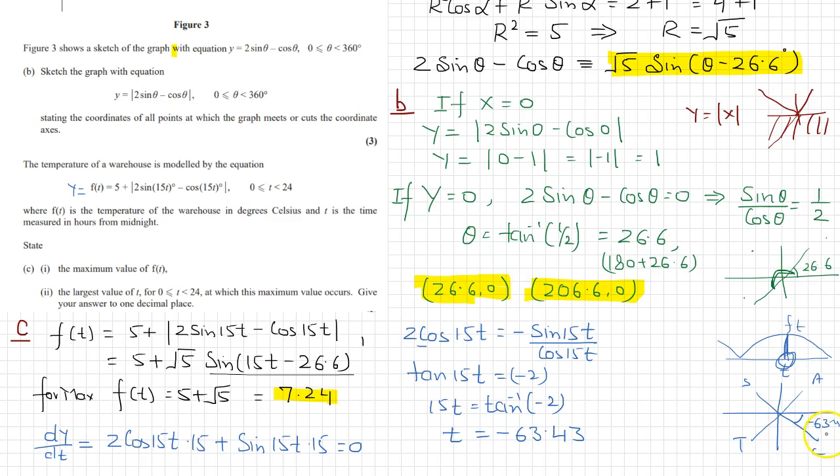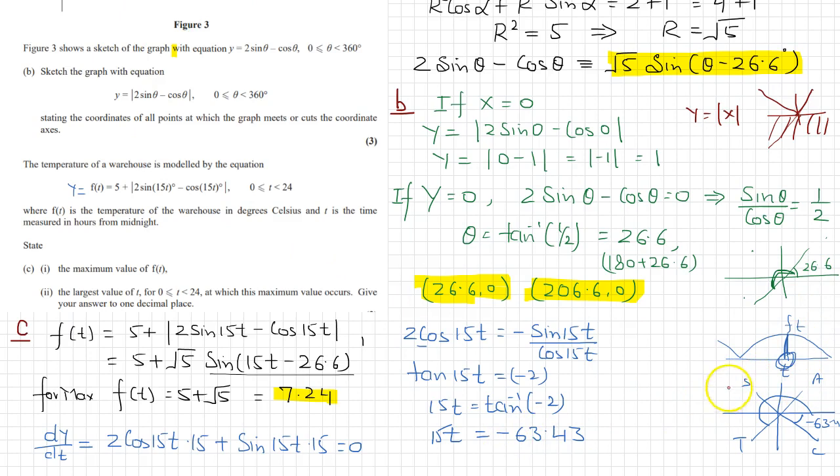So what we have to find is the value of t from 0 to 24. This is 15t. Now this is saying, so we have two values of t.